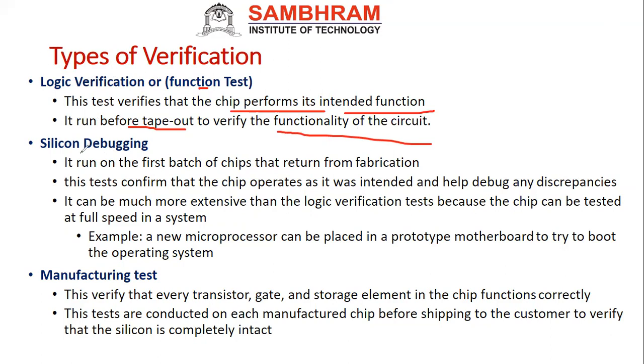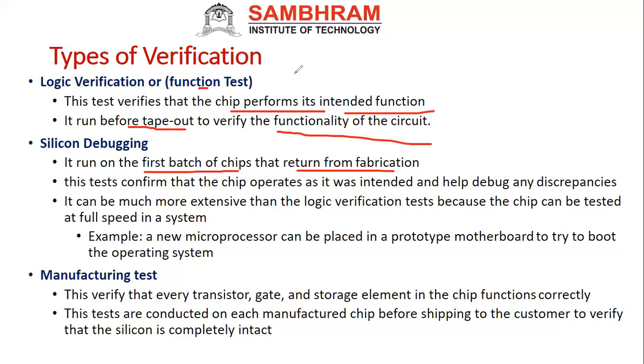Second, silicon debugging. Silicon debugging is run on the first batch of chips that return from fabrication. Once your design goes to the fabrication side, the first batch of chips returns, and they do silicon debugging.